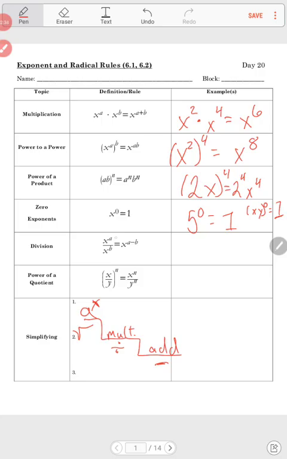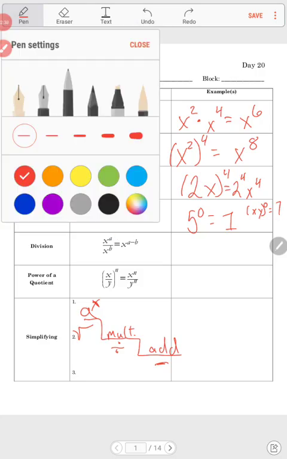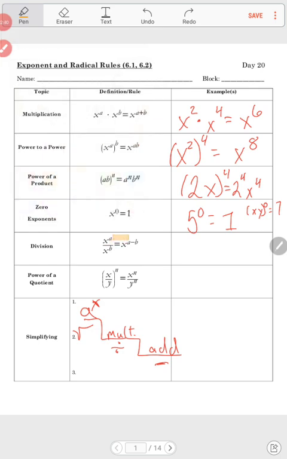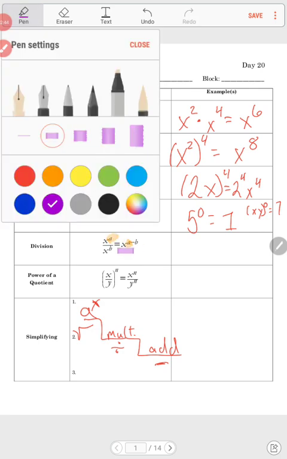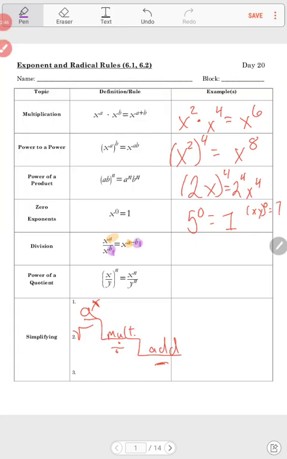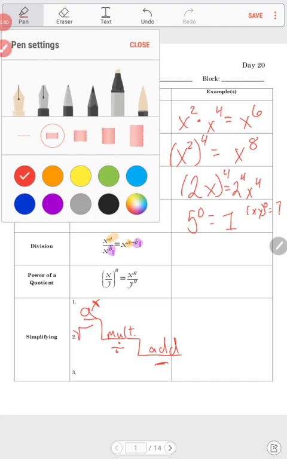Division, this shows that we are using the top number, and then we're going to subtract our bottom number from that. However, that's not the best way in my opinion.